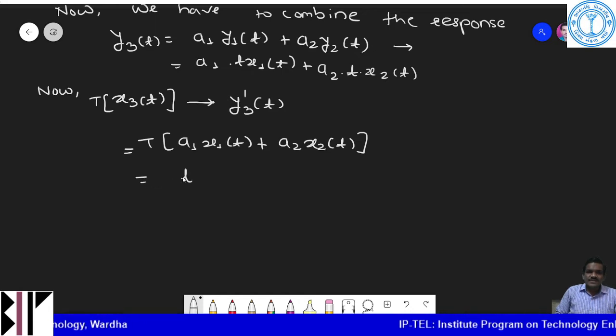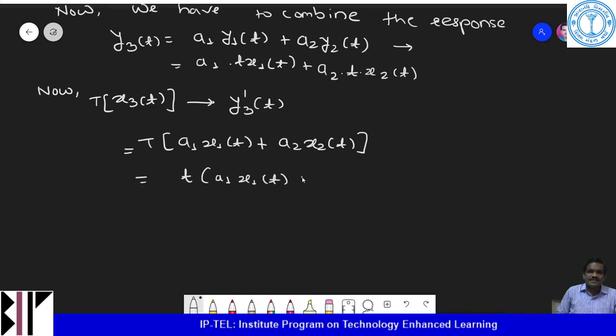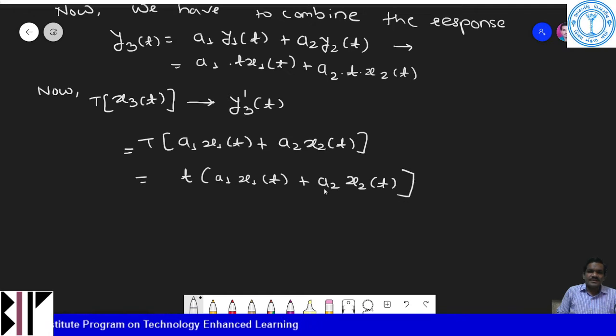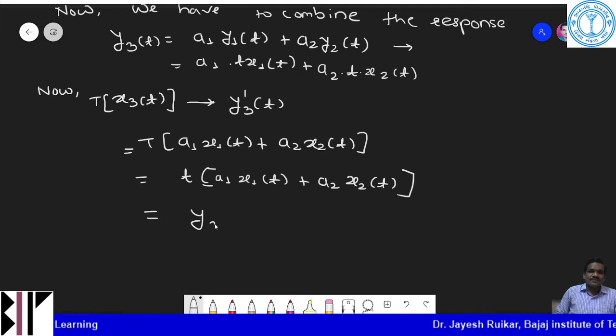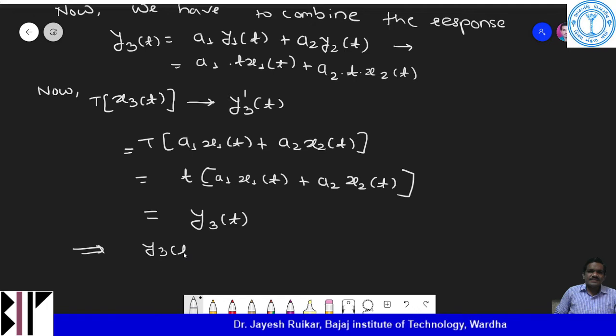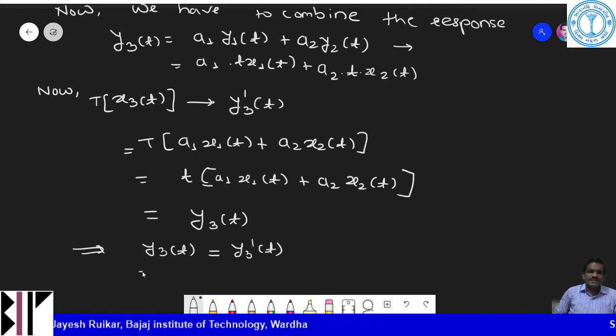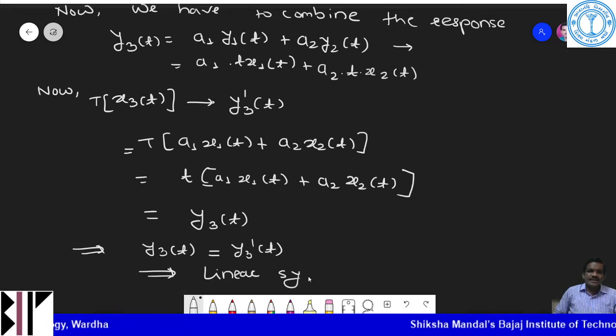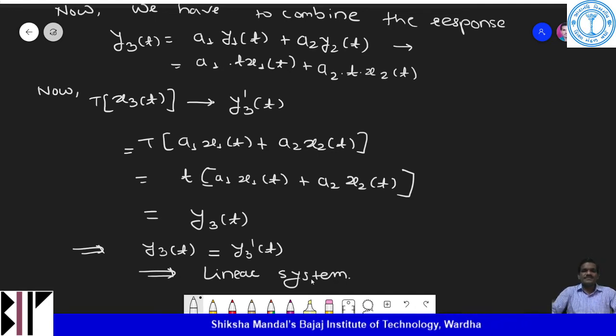That is equal to t times a1 x1 of t plus a2 x2 of t, which is nothing but y3 of t. So this implies y3 of t is equal to y3 dash of t. This implies the system is a linear system.